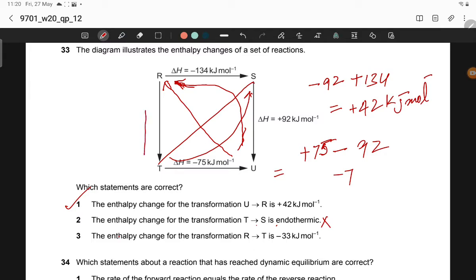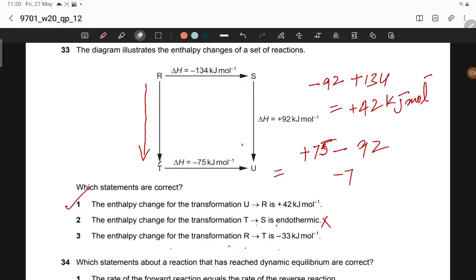R to T. The energy change for the transition is minus 33.